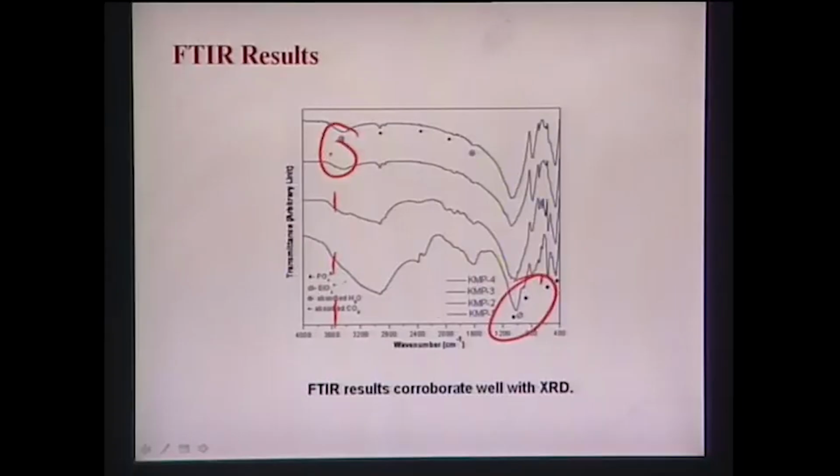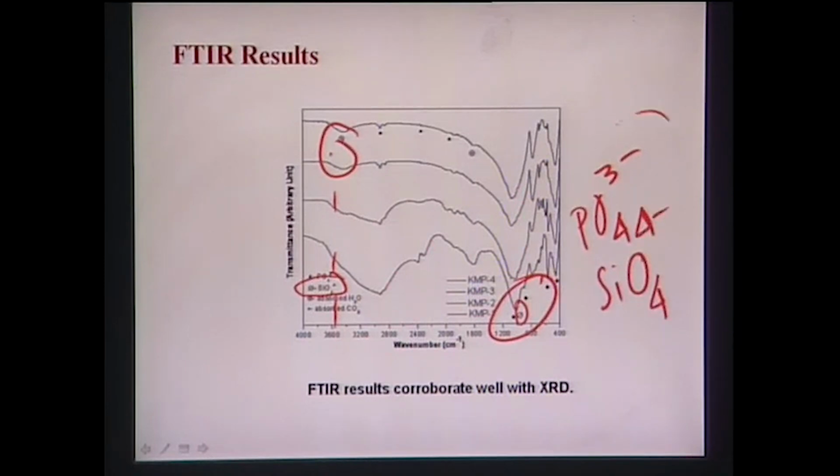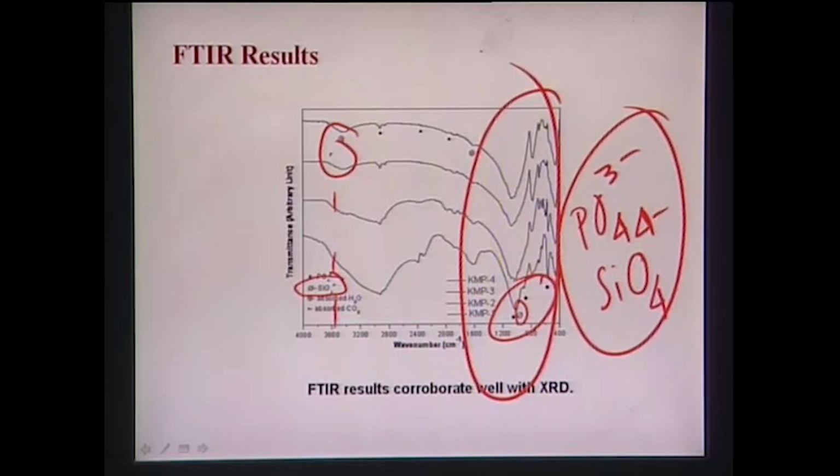The silicate peak is coming from this particular place. So, your silicate phase is there. Phosphate and silicate almost overlap. So, the PO4 3- and SiO4 4- FTIR bands overlap, and this region indicates that you have a phosphate peak as well as a silicate peak.